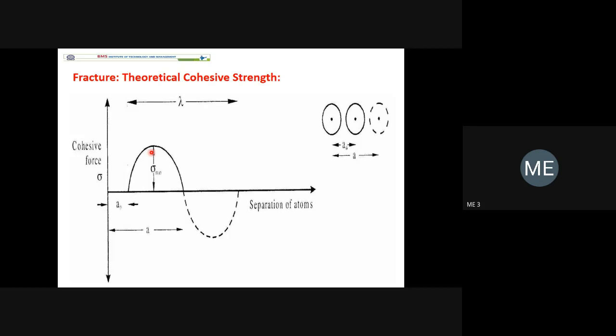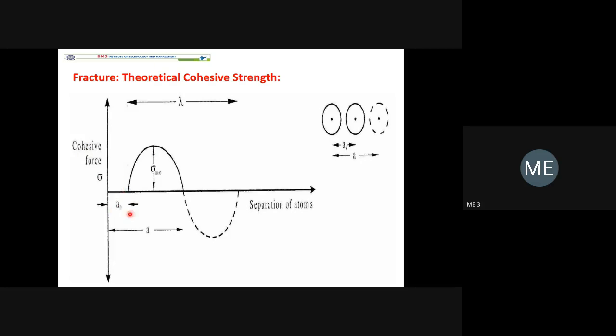The best example I can give is a helical spring: you try to compress it in the downward direction, and the spring pushes you in the upward direction. In a similar way, you are trying to pull the two atoms apart, but they are trying to move together because of the cohesive forces.